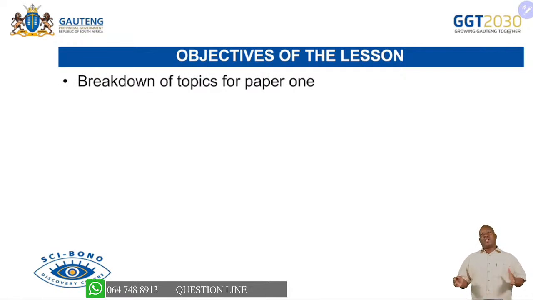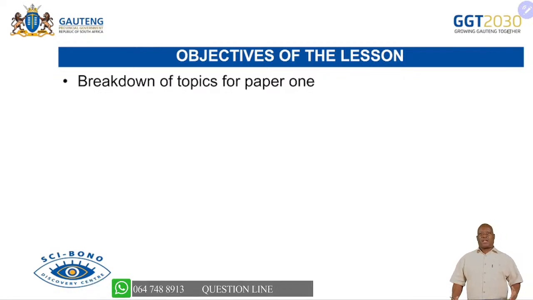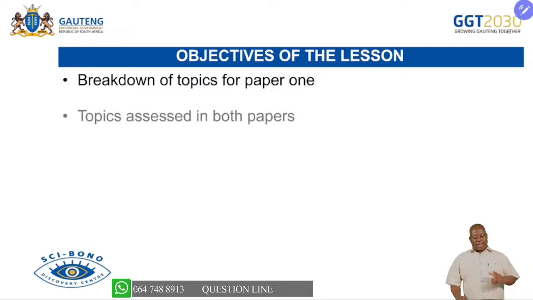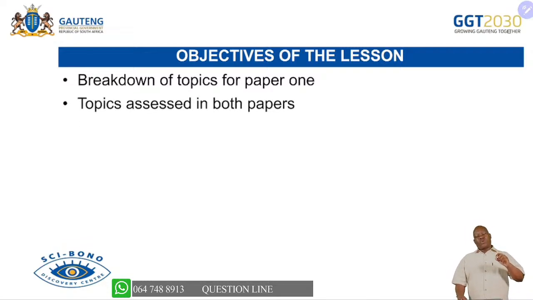Because there is no need going forward now in preparation for paper 1 to be going through everything that we did this year. Target paper 1 topics, move paper 1 aside, and then you can go through paper 2 topics. And then we are going to look into topics that are assessed in both papers and look into the exact elements that you must expect going into paper 1.